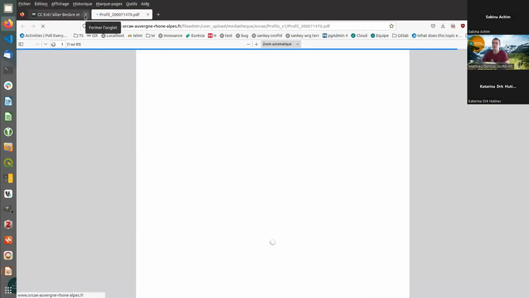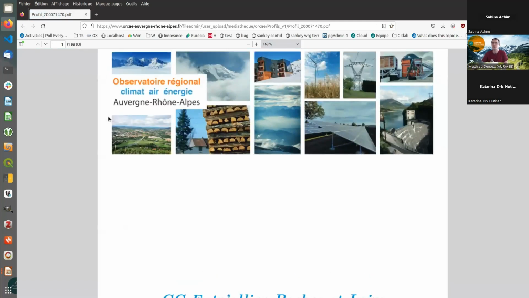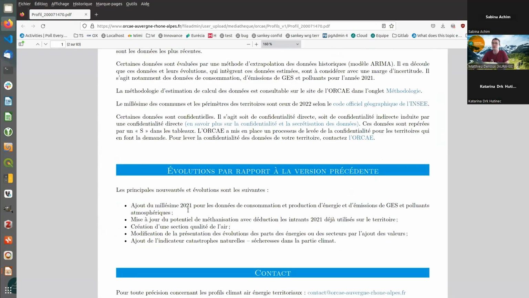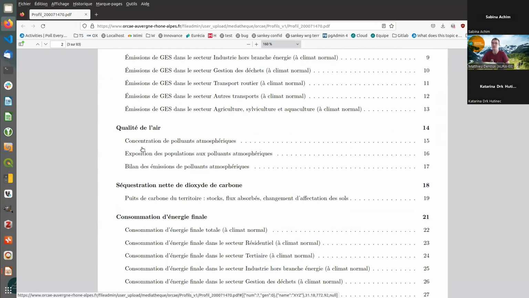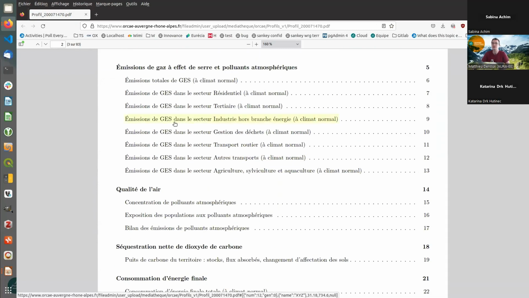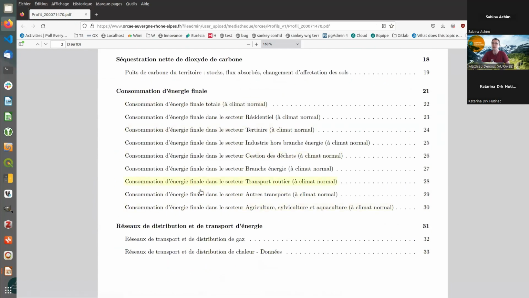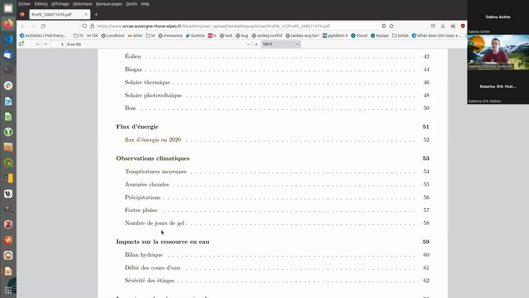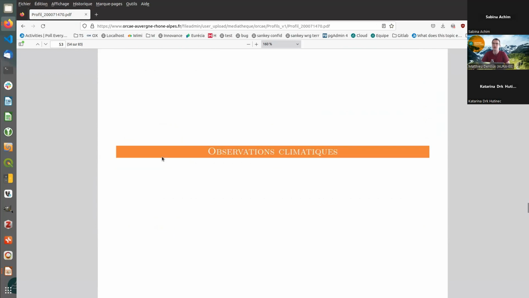If you look at the profile, you see it's a very long PDF, and each territory has information about the methodology, about what happened compared to the previous year's publication. And then you will have indicators about air quality, GHG emissions, and then energy consumption, energy production. And then finally, what I was talking about, the climate-related indicators.